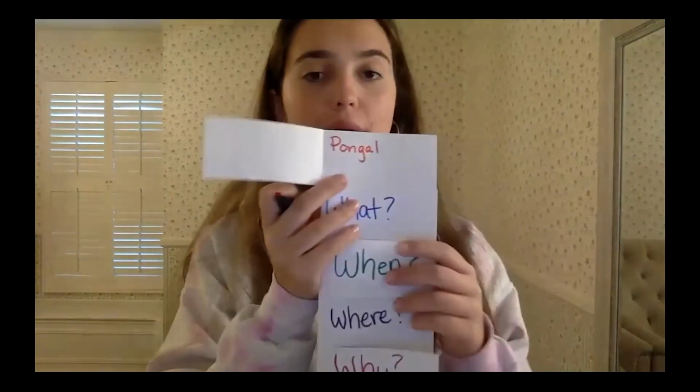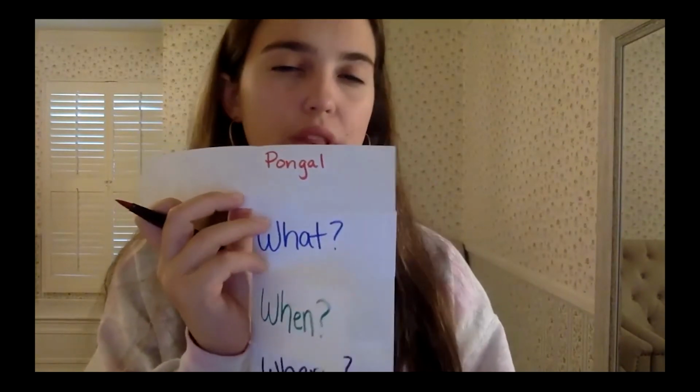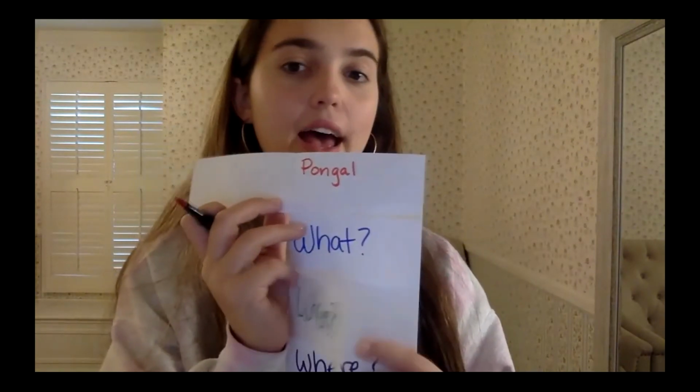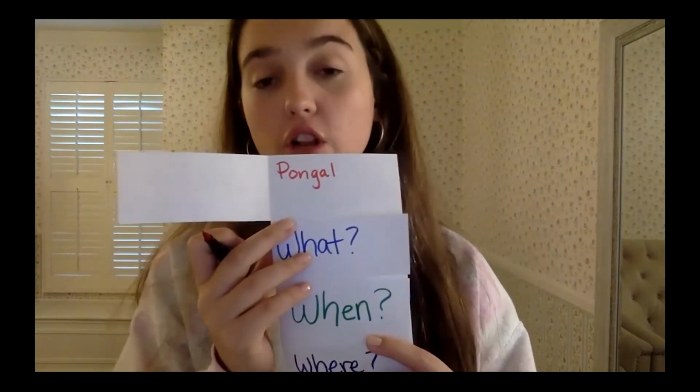So first of all, the most important character is definitely Pongal. So Pongal, just like that. Now, she was really our only character that had a name and we really followed throughout the story. So she was the most important.